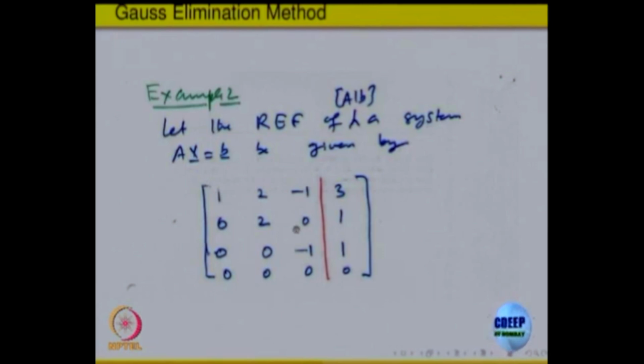So, in this system there is only one solution possible, and keep in mind what is R here? R is 3, which is equal to n, the number of variables. If R is equal to n, that means each pivot is going to come in each column.